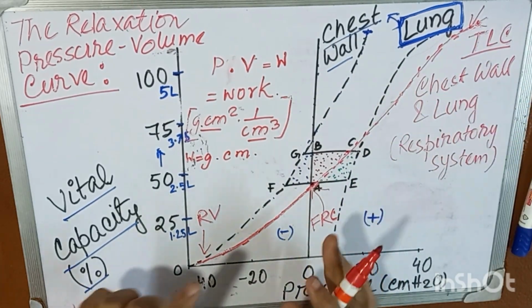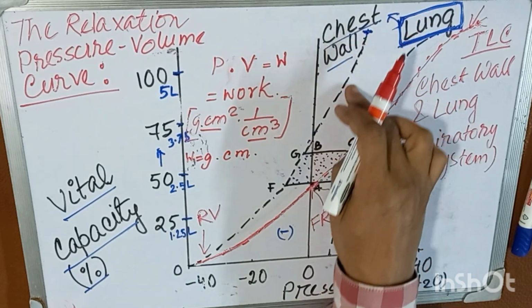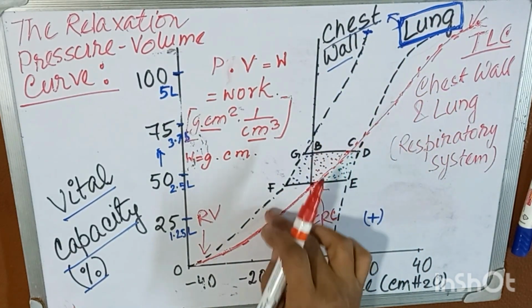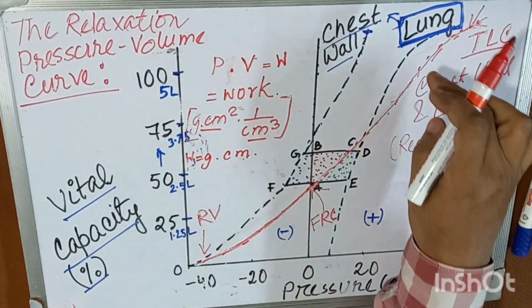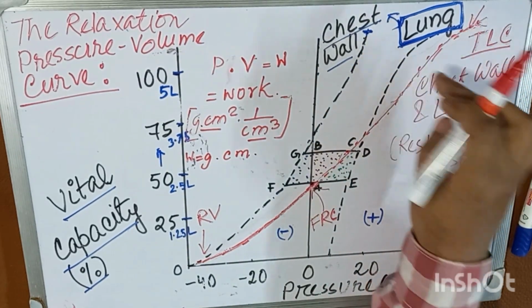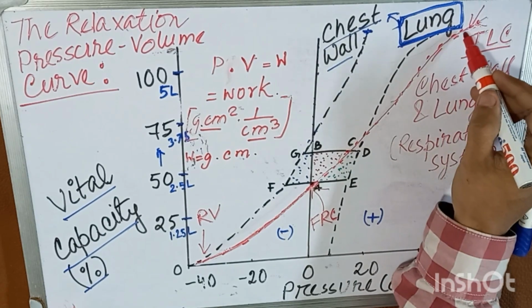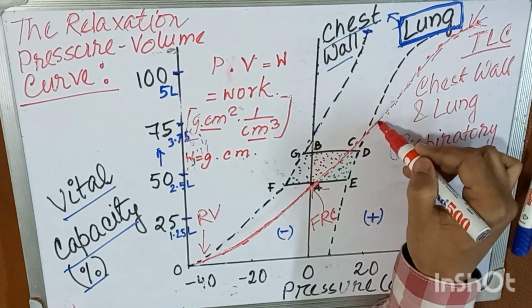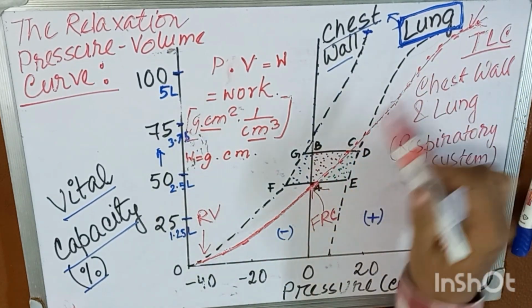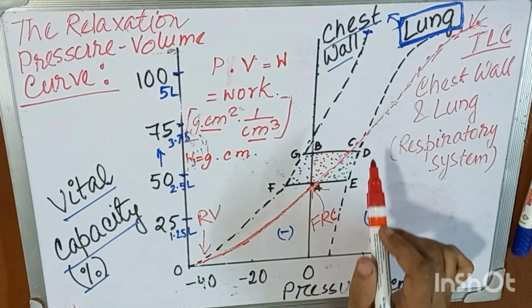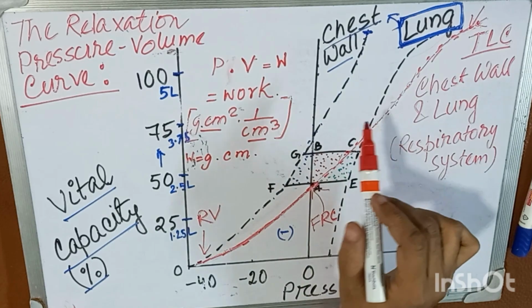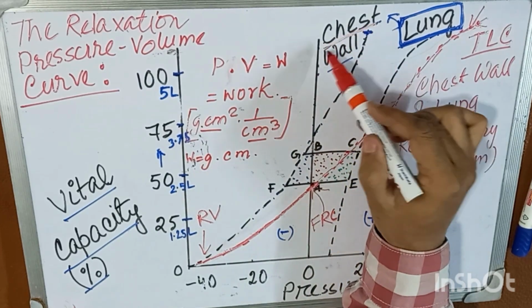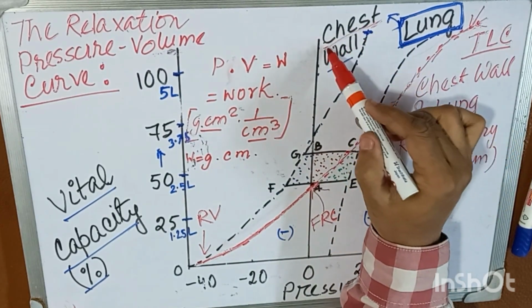We see that these three pressure volume curves, of the chest wall, of the lung, and of our whole respiratory system, are different. So there are differences in expansion in these three.